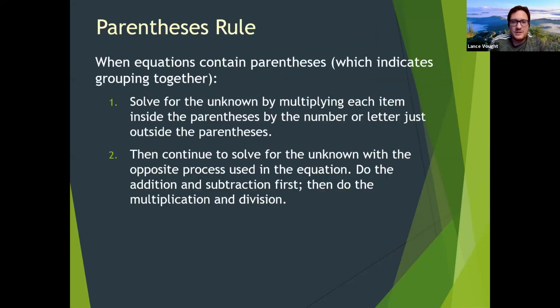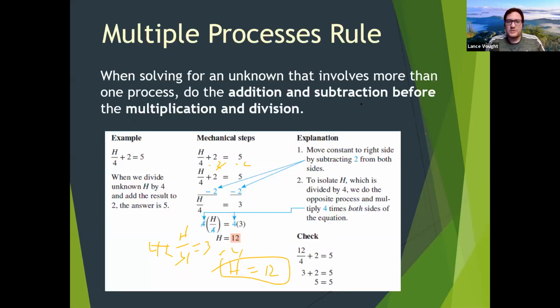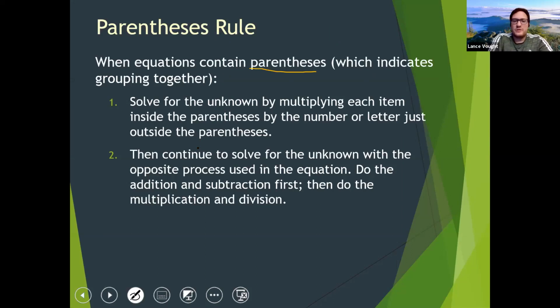Just as I mentioned before, if you have parentheticals, that's the only time in which you would probably do some multiplication first. What we were talking about here with multiplication was that you're multiplying the unknown. Here, if you have a parenthetical, like I said, if you have 2 times x plus 1, then you have 2x plus 2, because you have to multiply through the entire expression.